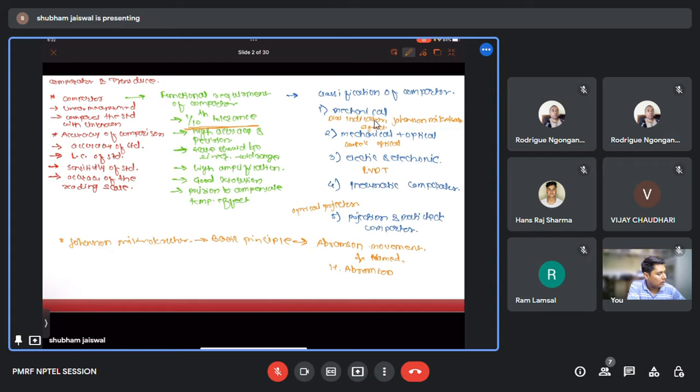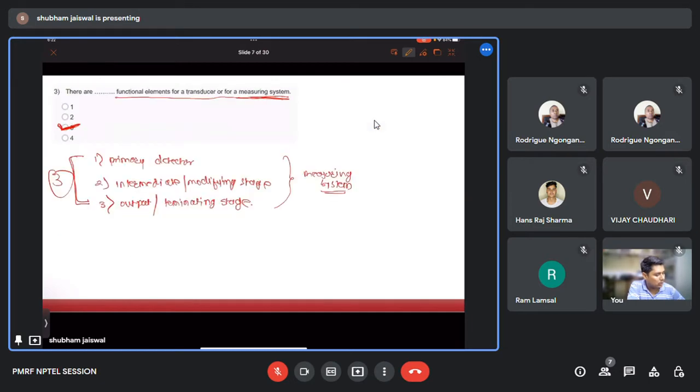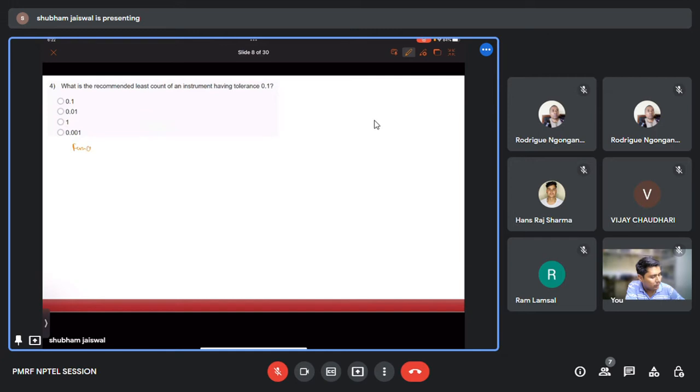In the functional requirement, we have seen the least count should be 1/10 of the tolerance, and here the tolerance is 0.1. So the least count should be 0.1 divided by 10, so it comes out to be 0.01. Okay, so this should be the least count.